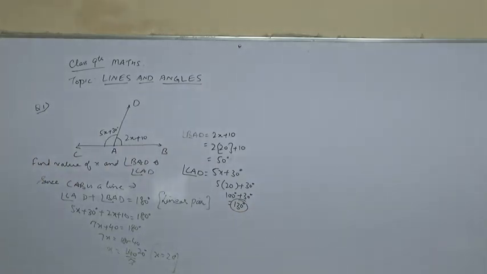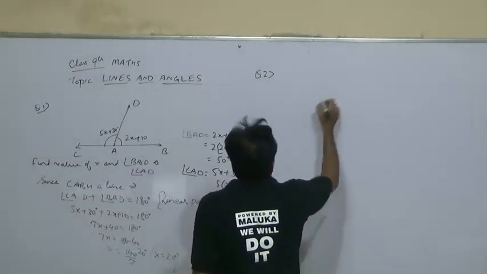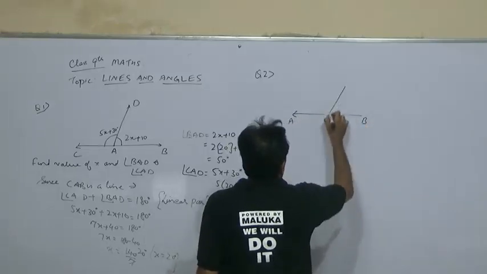Then second question in this is, in figure, OC stands on AB. This is AB, and OC stands on this.